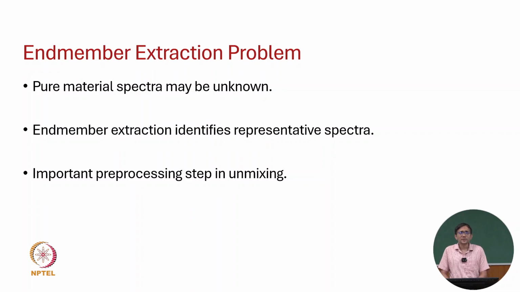End member extraction identifies the representative spectra. So this then becomes a pre-processing step, or rather part of how you model the problem. Sometimes you are finding the end member spectra and abundance simultaneously.